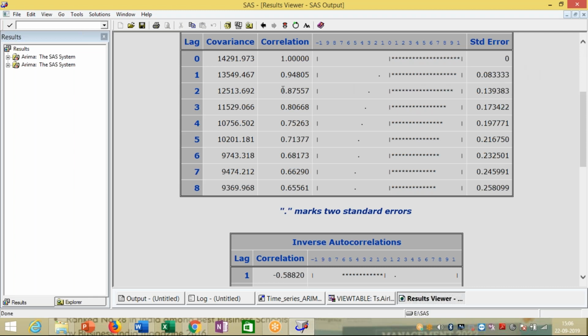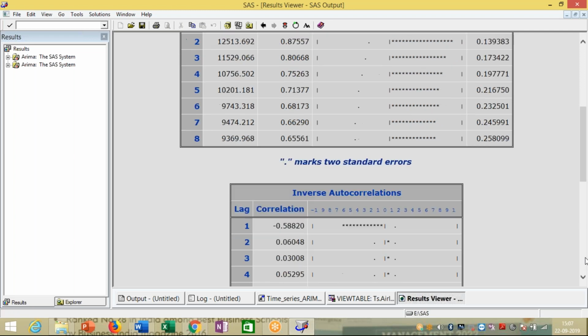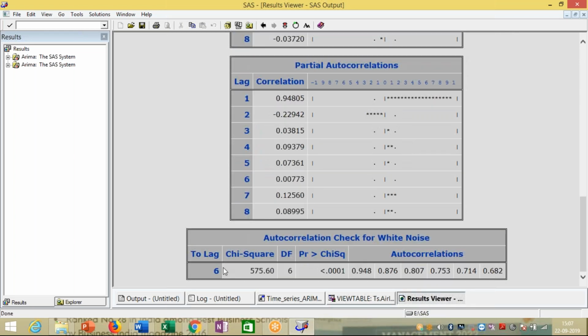So if you have a look, 1, 2, 3, 4, 5, 6, right? But if you look into this correlation table, you'll see it reports up to 8 lags. But when we are just summarizing, looking into the first 6 lags is enough.